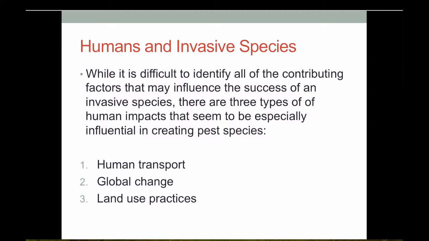So we think about the Hawaiian Islands, for example, that there are lots of introductions as humans transport to and from the islands, and these species that are native to those island environments have developed in the absence of some of these other species, and then when we introduce them, they often cause more problems because those species that have evolved in the absence of these interactions aren't capable of resisting those ecosystem changes.